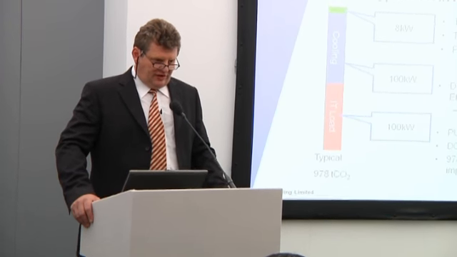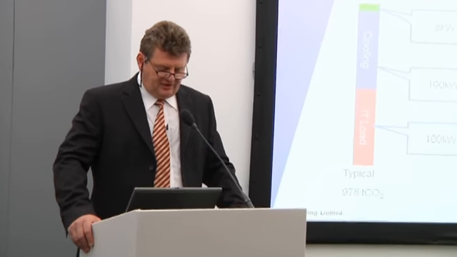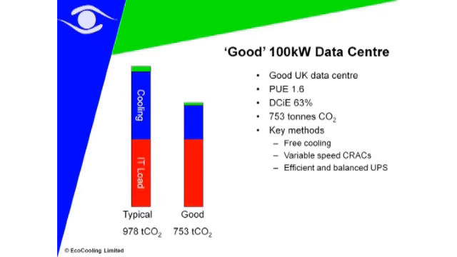So if you look at your 100 kilowatt data centre, typical thing, you'll have 100 kilowatts going into your IT load, maybe 100 kilowatts going into your cooling system, and 8 kilowatts into things like UPS losses and distribution losses and transformers. Good data centre, like M247, running at about 1.6, but still probably 50% equivalent of their IT load going into their cooling system, using good quality CRACs.